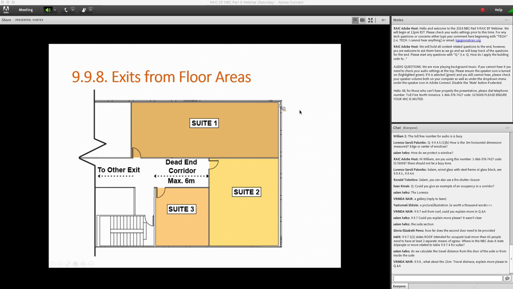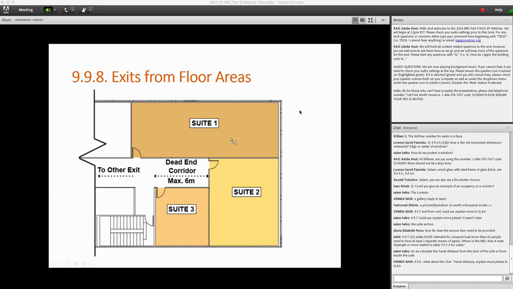And then we also need to check the travel distance to the egress door serving suite 1 to be sure that it does not exceed 25 meters if it is group D. And then also check the occupant load for that suite 1. If the occupant load is not more than 60, then we can maintain that one egress door that we have serving suite 1. We do the same thing for suite 2, suite 3, depending on the occupancy of these suites.